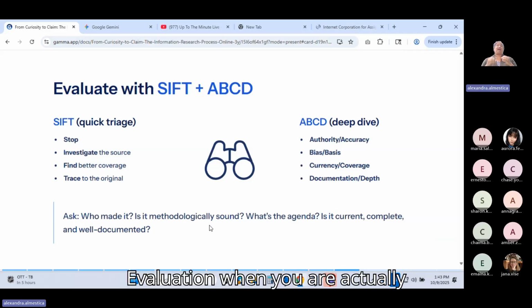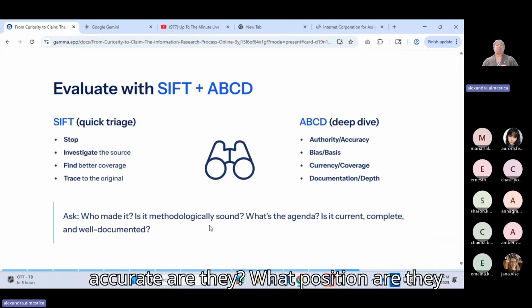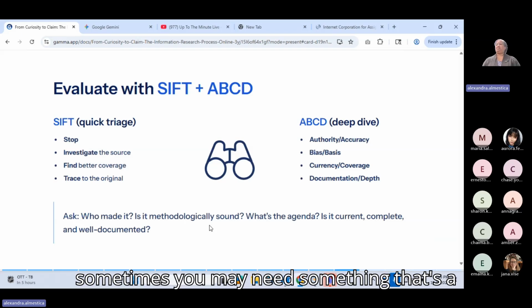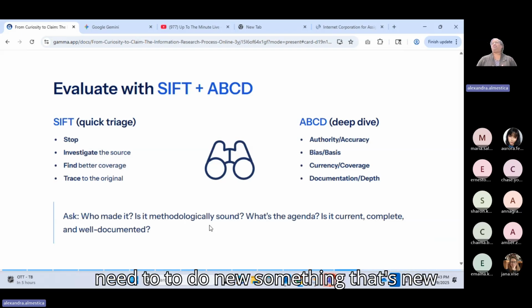evaluation, when you are actually seeking to know who's the author, where is their expertise coming from, how accurate are they, what position are they taking on a specific topic, and also what is the age, how current is this information, because sometimes you may need something that's a little bit older, but sometimes you need something that's new.